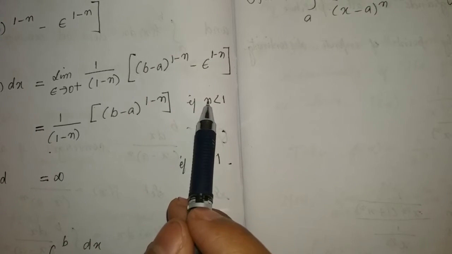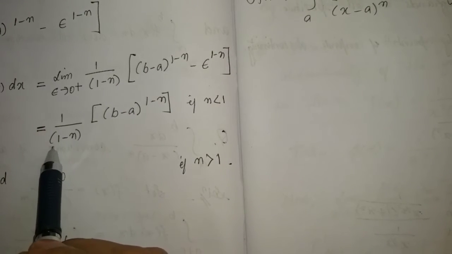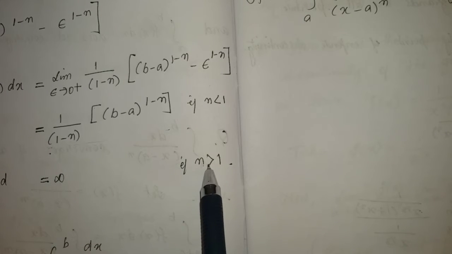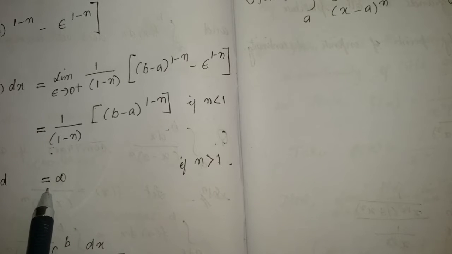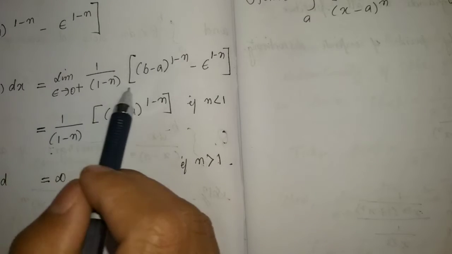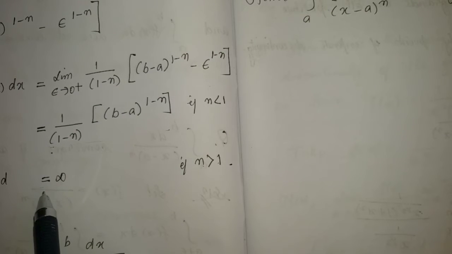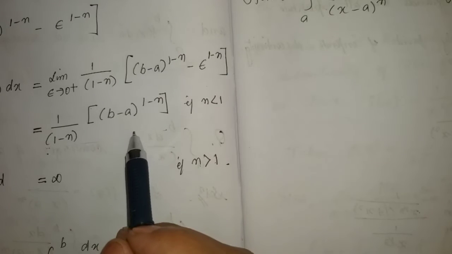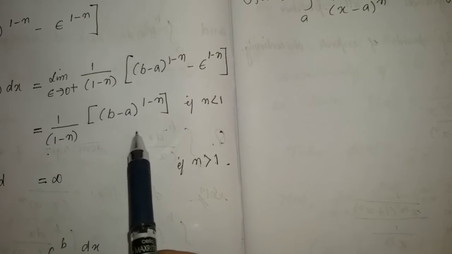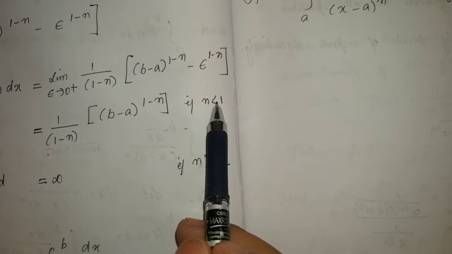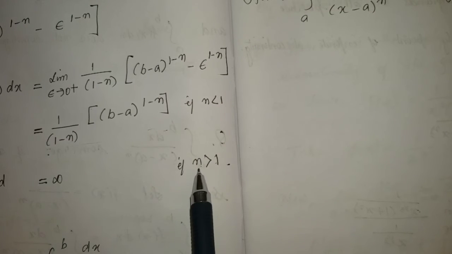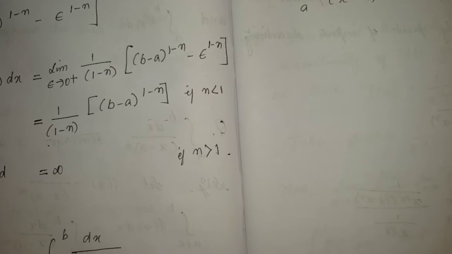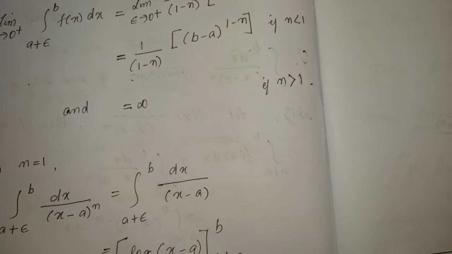If n is less than 1, you're going to get this much, but if n is greater than 1, you're going to get this limit to be infinity. Therefore that improper integral is convergent when n is less than 1, but it diverges when n is greater than 1. Next, we're going to test when the value of n is equal to 1.